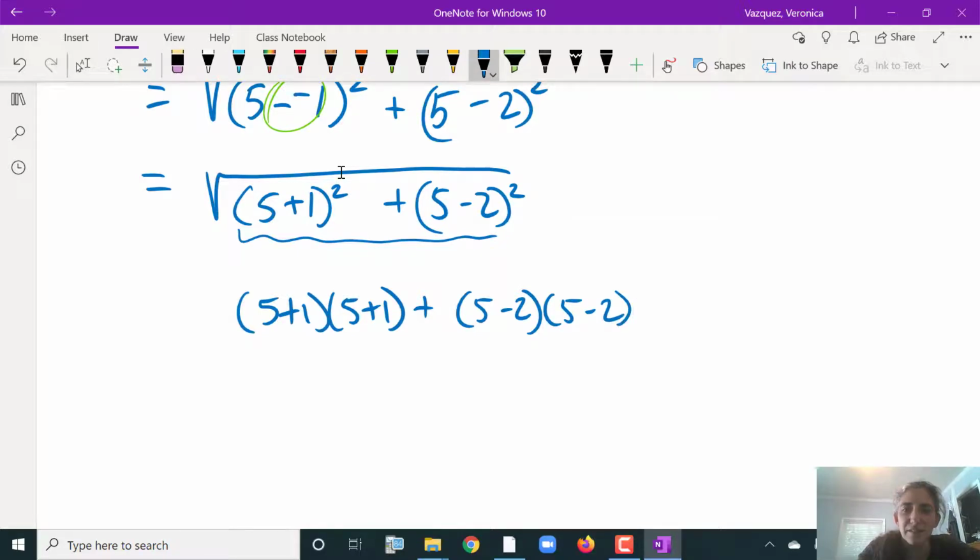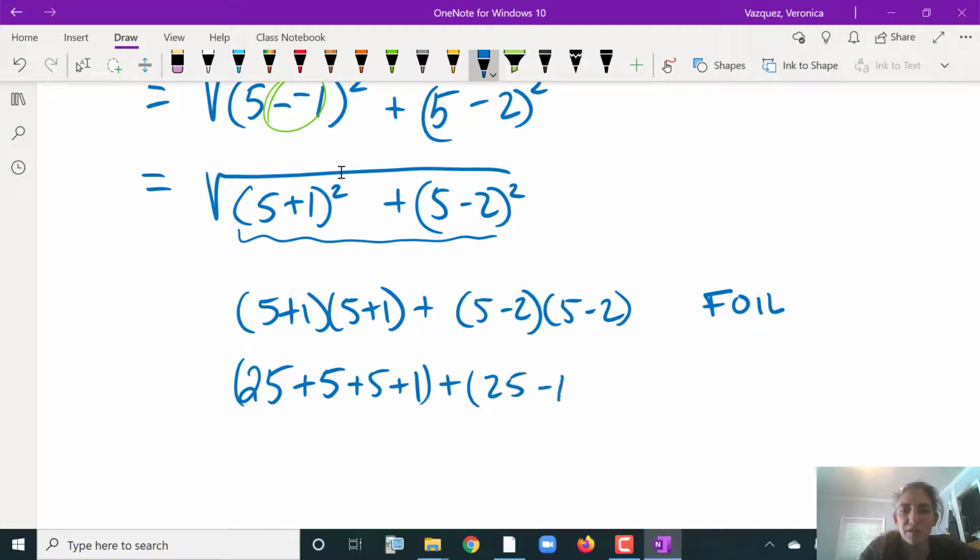Okay, like that. And then we can use FOIL, first, outer, inner, last, to evaluate that. And we get 25 plus 5 plus 5 plus 1 over here. Plus, and here we have 25 minus 10 plus 4 here.